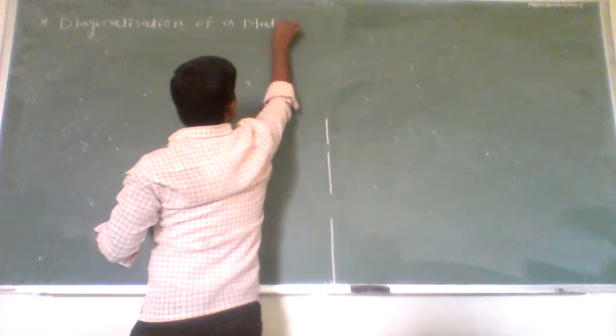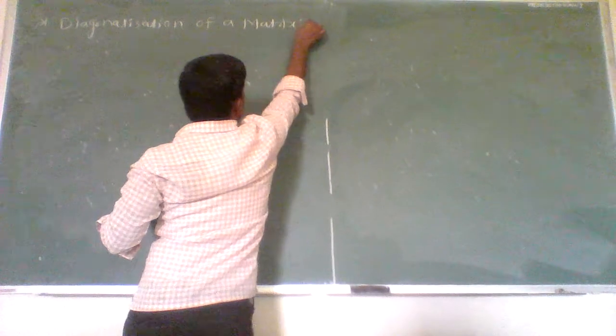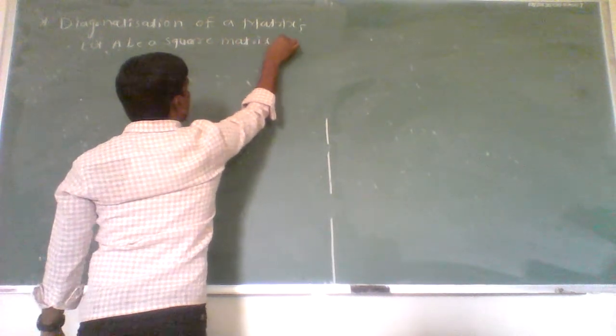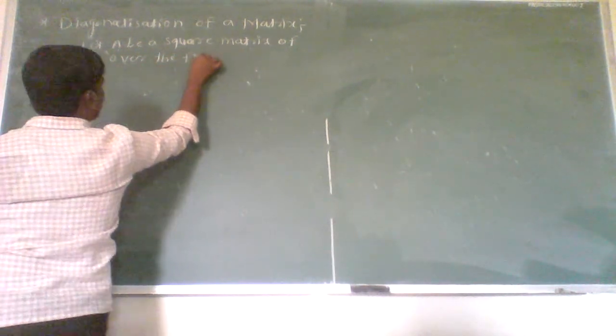here we have seen the diagonalization of a linear operator. Now let us see what a diagonalizable matrix is. Let A be a square matrix of order n over the field.